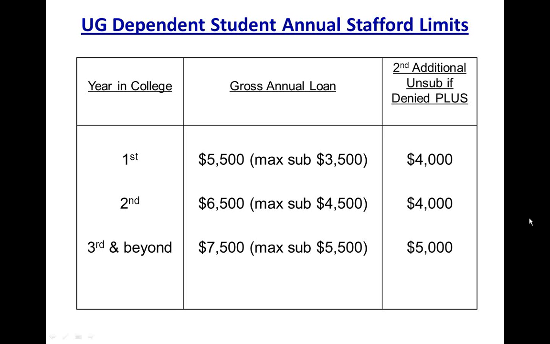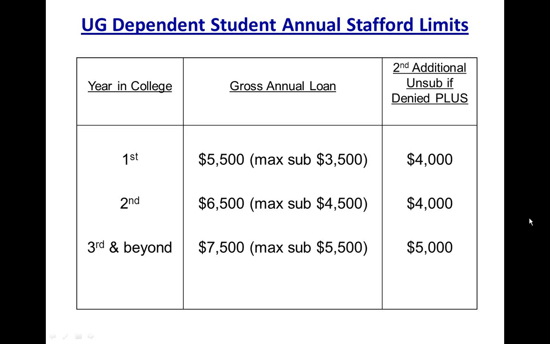Undergraduate dependent student annual Stafford limits are, for the first year in college, the maximum annual amount is $5,500. The maximum portion of that $5,500, which can be subsidized, is $3,500.